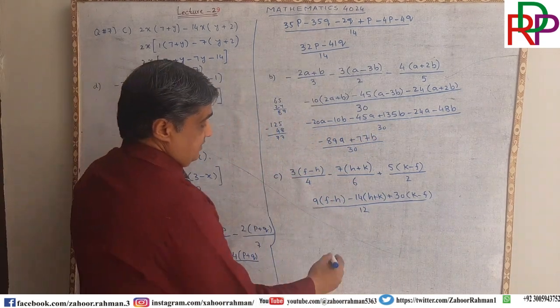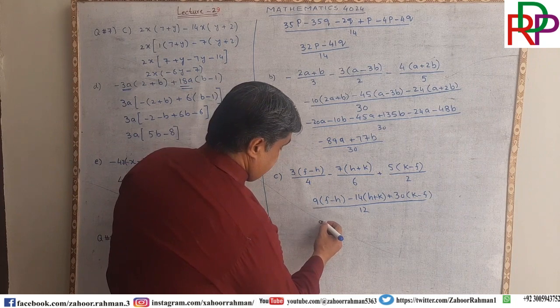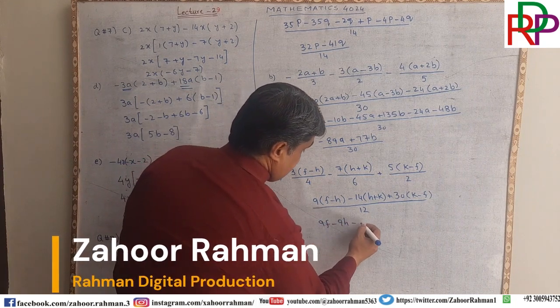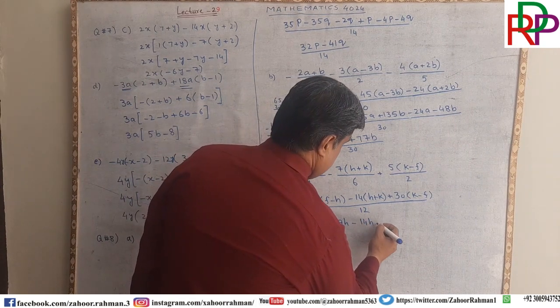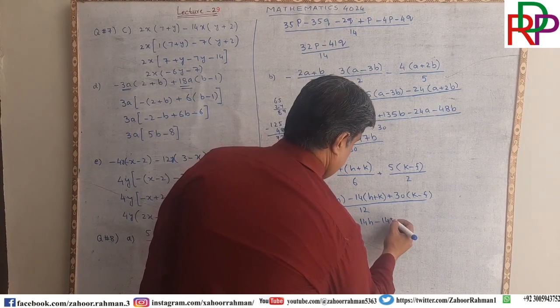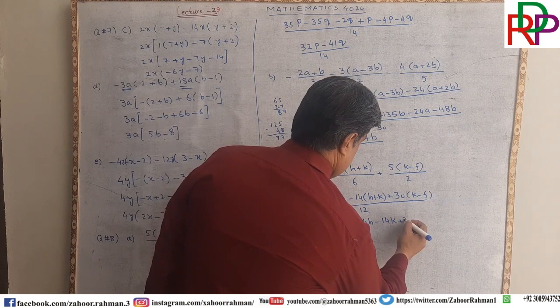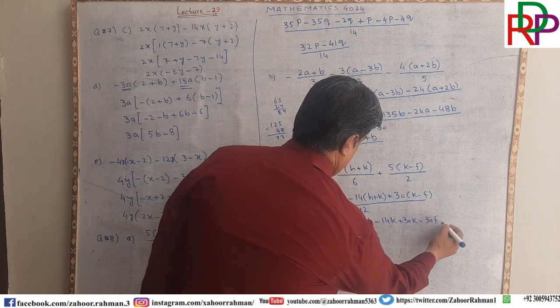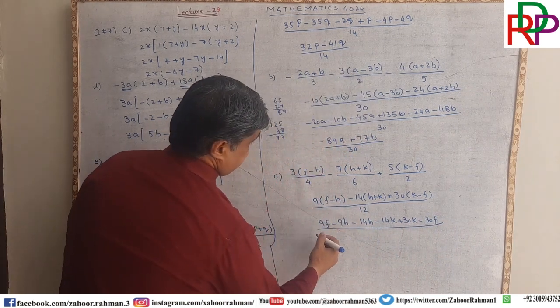Ladies and gentlemen, now we have to expand: 9f minus 9h minus 14h minus 14k plus 30k minus 30f, whole divided by 12.